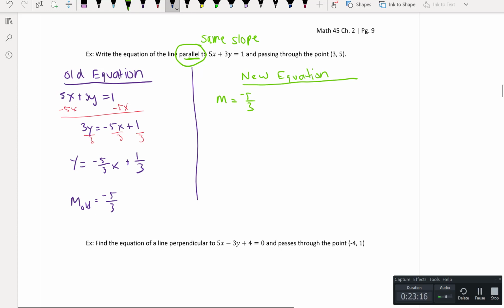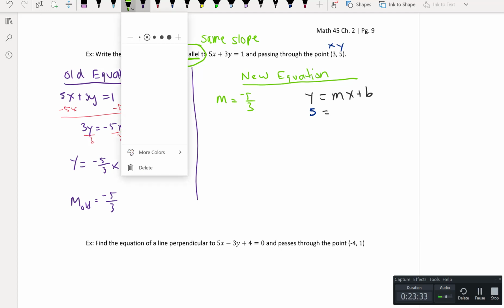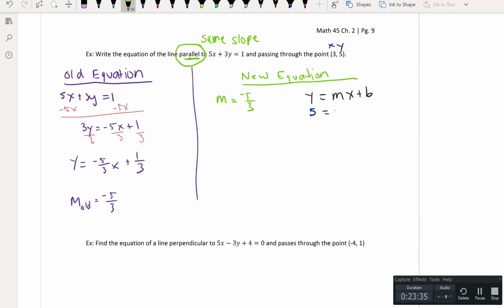And now, using this point for x and y, I'm going to go ahead and plug that in. So my equation is y is equal to mx plus b. I have my y value as a 5 that I'm plugging in. I have my slope as negative 5/3. I have my x value as a positive 3, and I have a plus b.